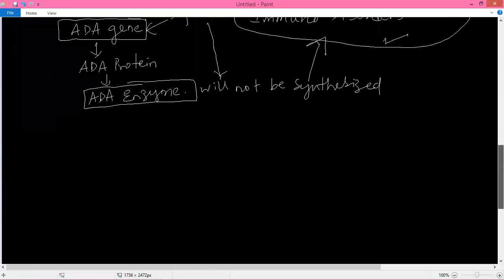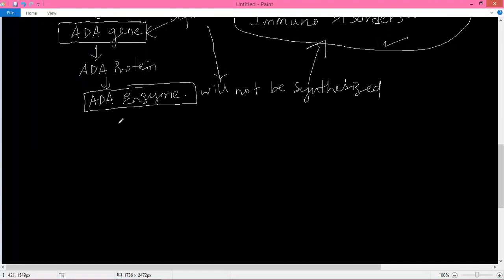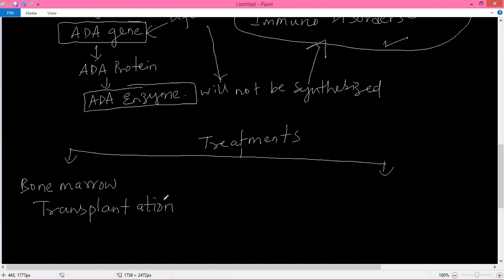Now, what are the treatment options that we have? There are two treatments. Number one, bone marrow transplantation, or else enzyme replacement therapy.